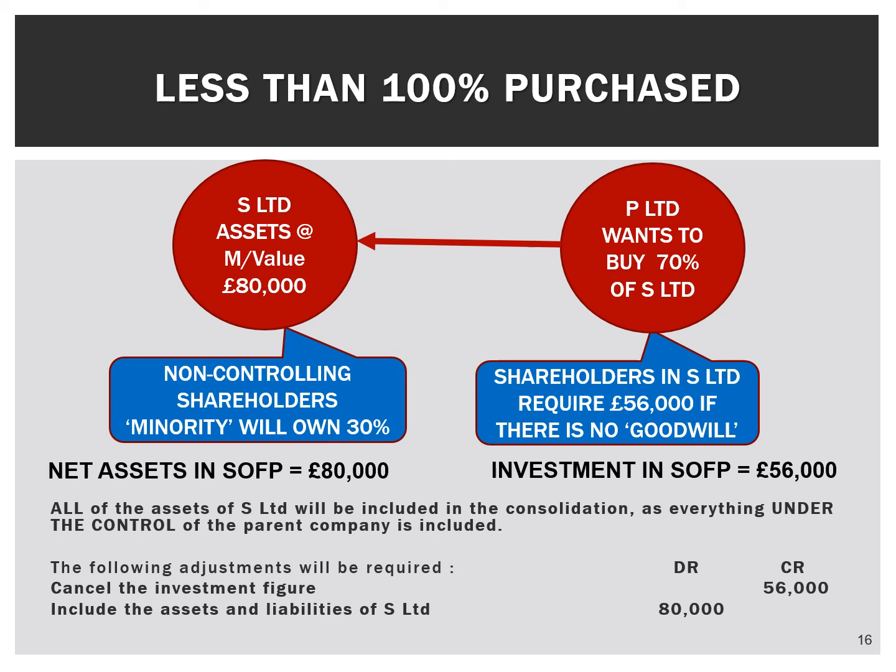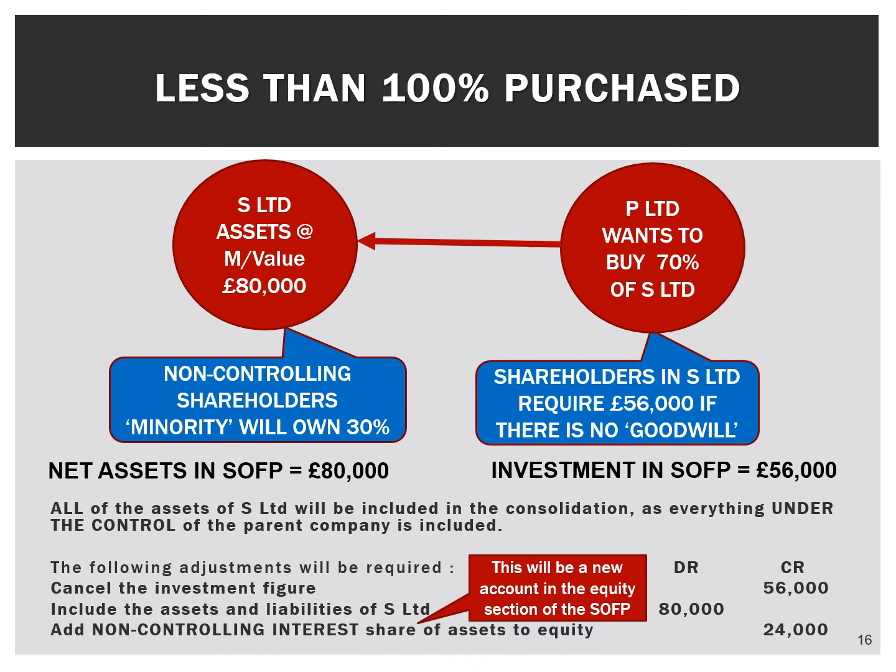The difference between those two figures now gets credited to a non-controlling interest account in the equity section of the consolidated balance sheet. If you remember from the previous example, that's the account that the non-controlling interest's share of post-acquisition profits go to as well. So that's a new account in the equity section for the non-controlling interest.